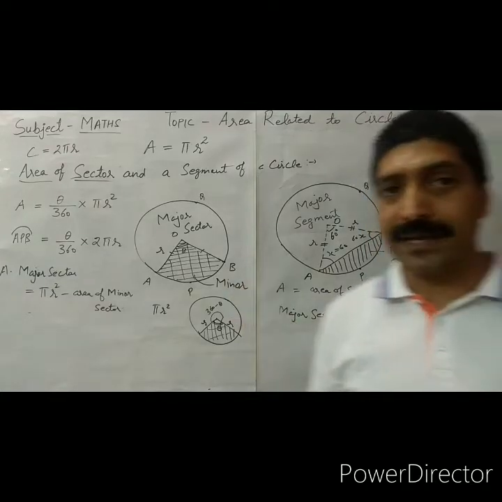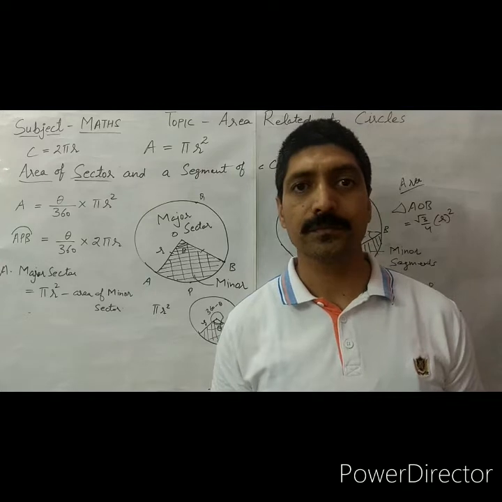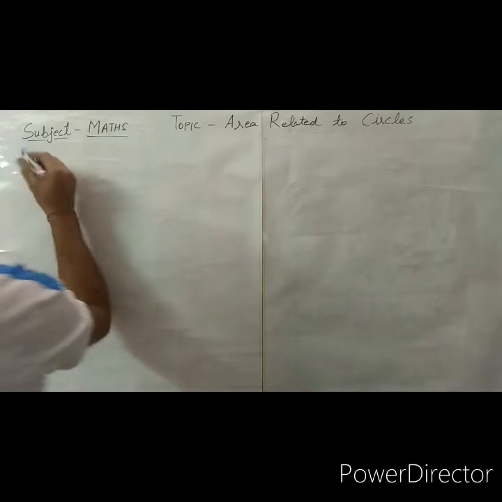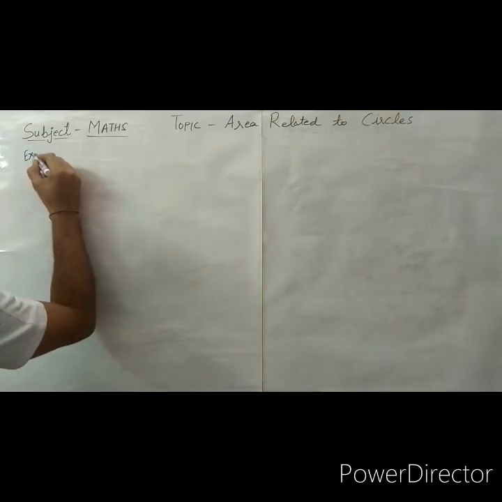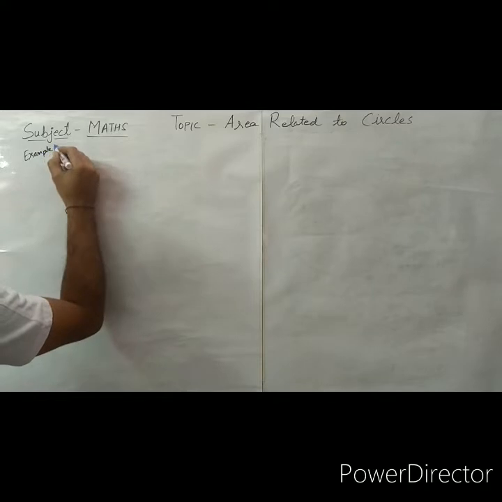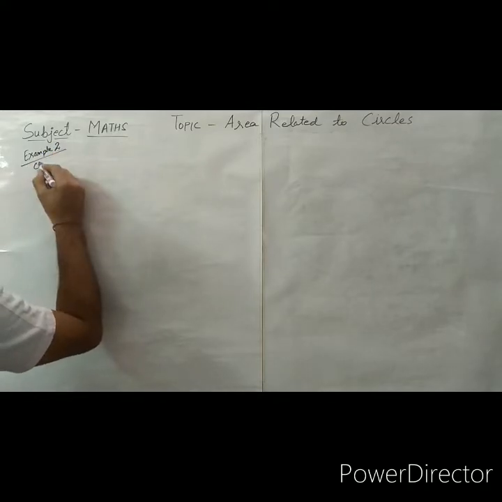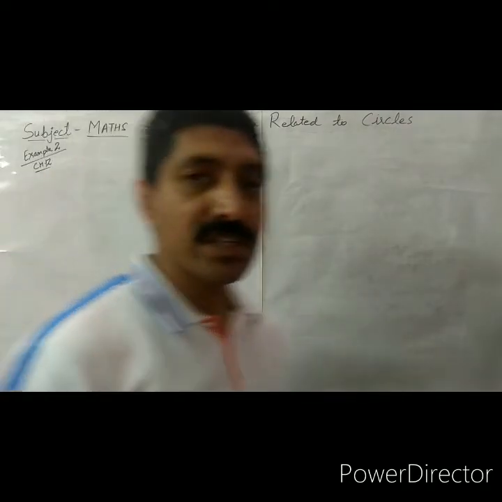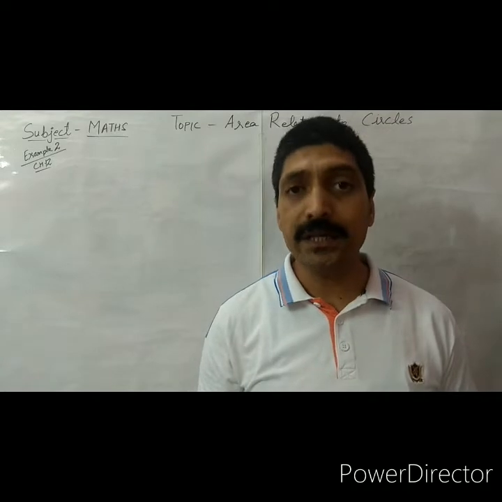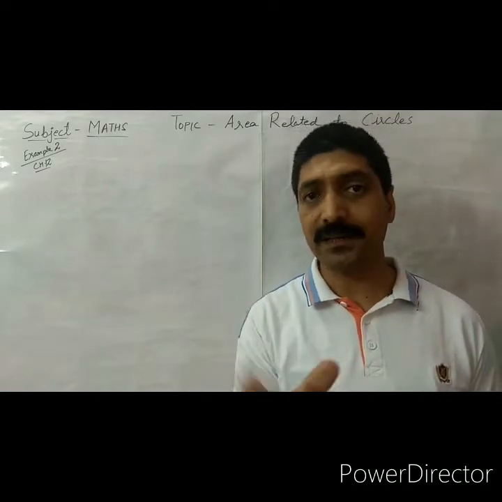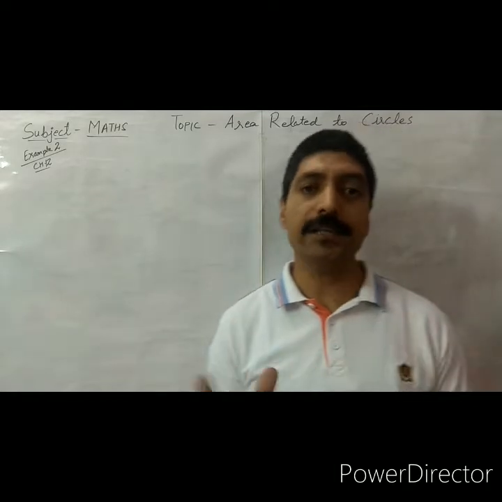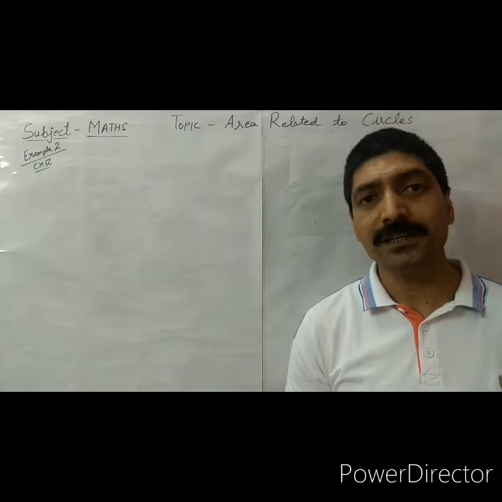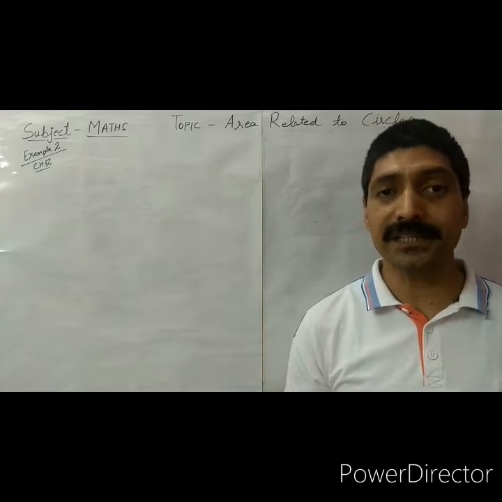So let's start with example number 2, chapter 12. Example 2 says: find the area of a sector of a circle of radius 4 centimeter with angle 30 degrees. Sector means minor sector.